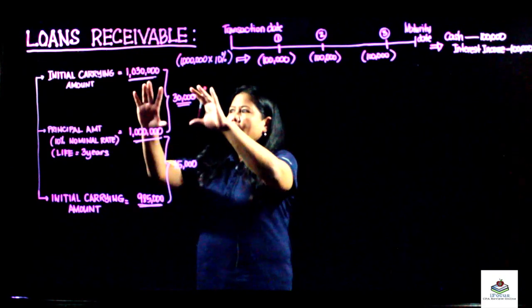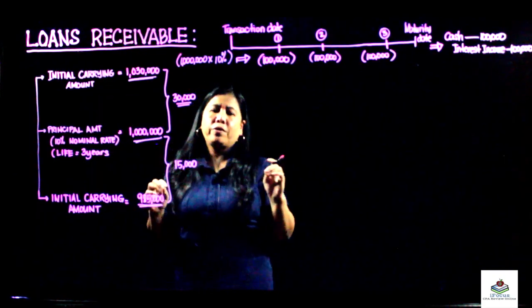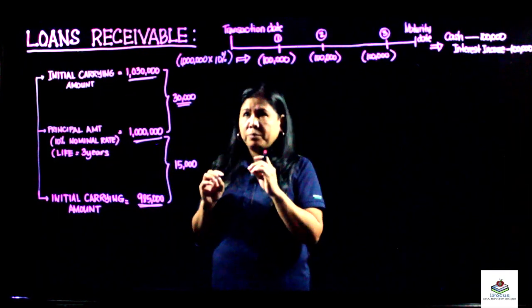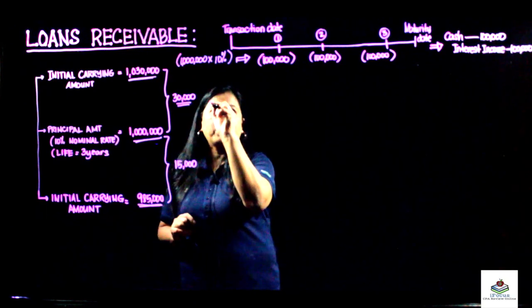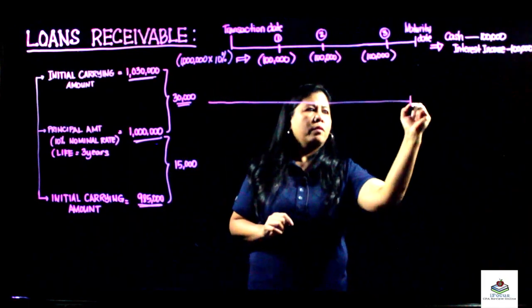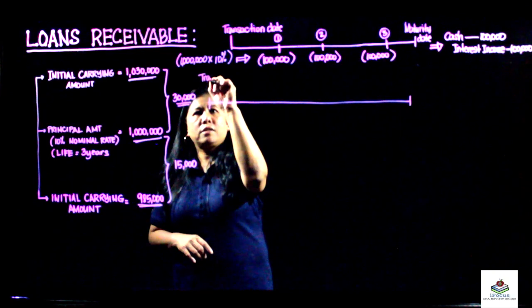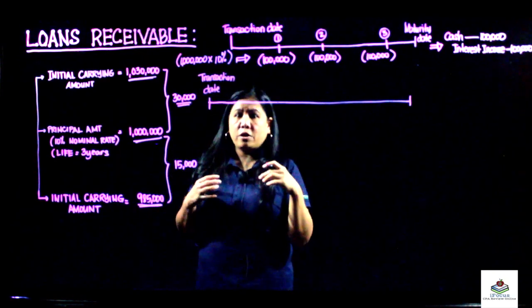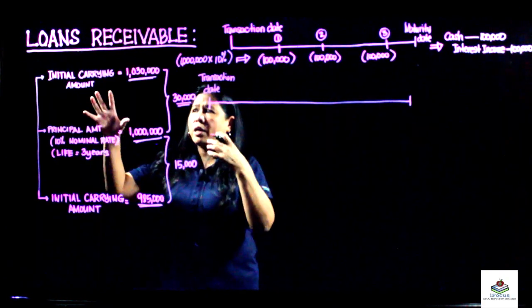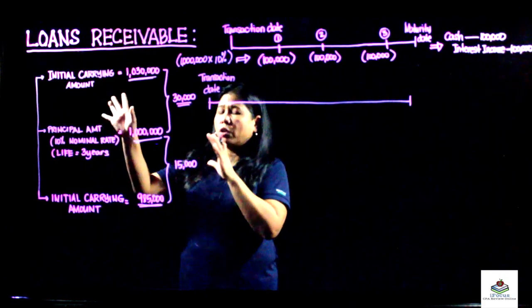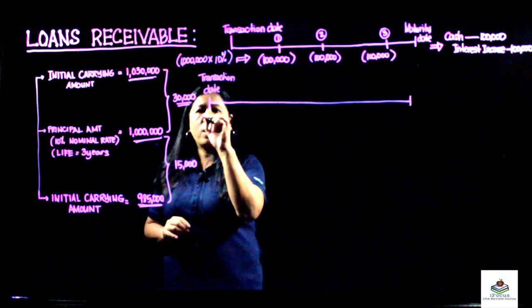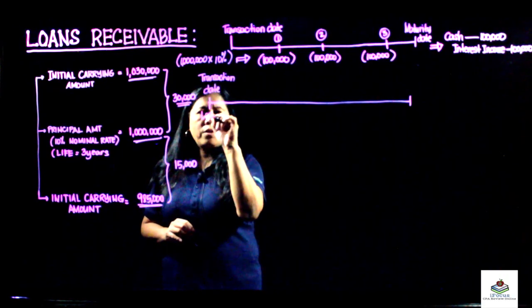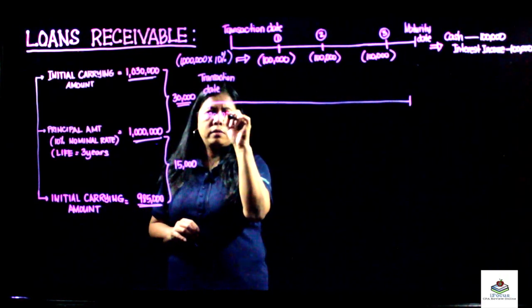So let's say we will amortize our 30,000 premium. Let me put my timeline here. This is our transaction date or the granting of the loan. So on the transaction date, our initial carrying amount of our loans receivable will be 1,030,000.